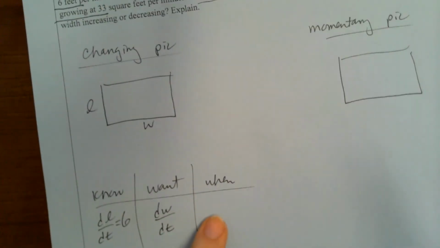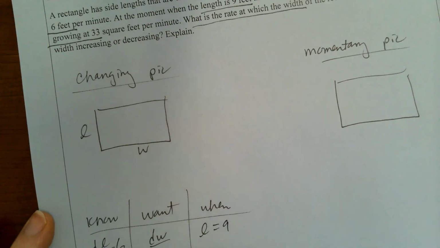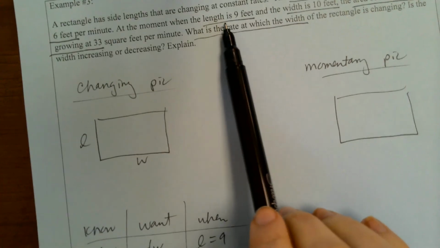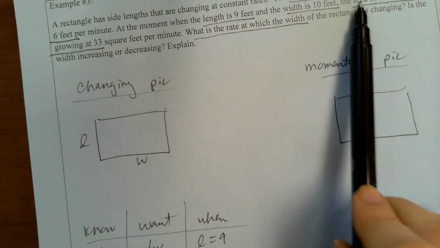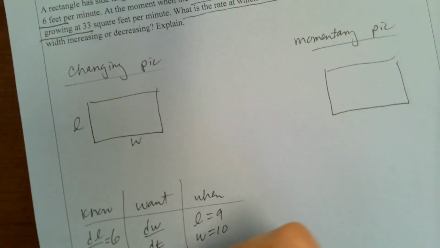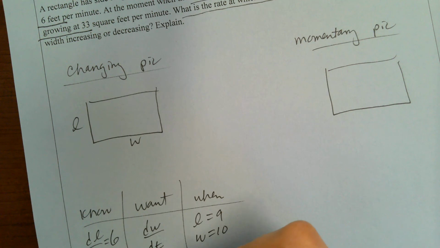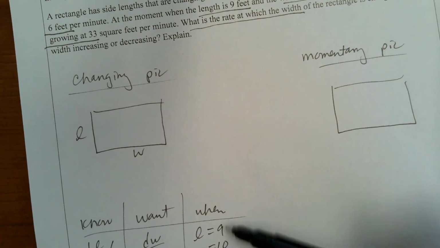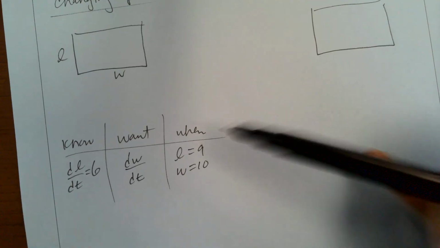Now the when is kind of complicated here. There's a lot of things going on. At the moment when the length is not always 9. So when the length is 9, the width is 10. So when the length is 9 and the width is 10, the area of the rectangle is growing. So they're implying here that the rate of change of the area is not a constant rate of change.